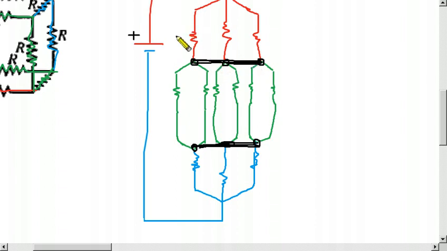So if there's no current, it doesn't affect the circuit, so you can connect. Since it doesn't affect the circuit, you can connect using a wire. You don't have to waste a wire, you can pull these junctions, these nodes, to one place and solder it like this.